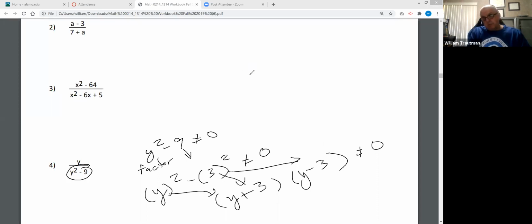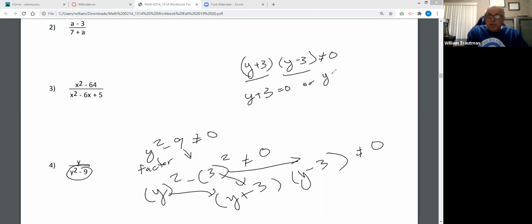And this is what I have. So now I have the zero multiply rule. Two things multiplied together to equal 0. y plus 3 equals 0, or y minus 3 equals 0. I take the 3 to the other side. It's a plus 3, so I'm going to subtract 3 from both sides.